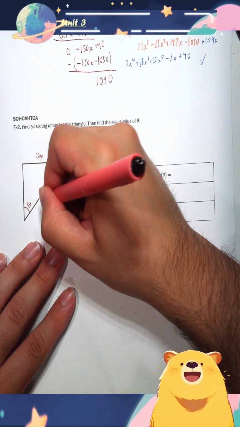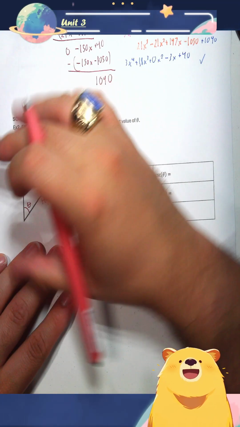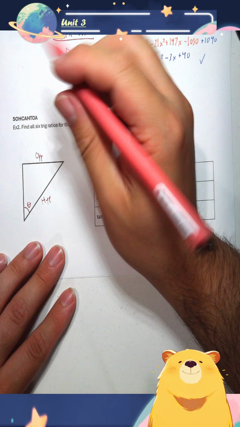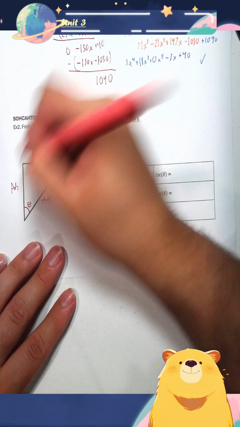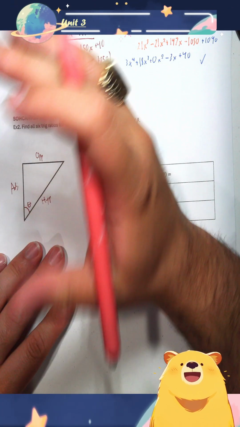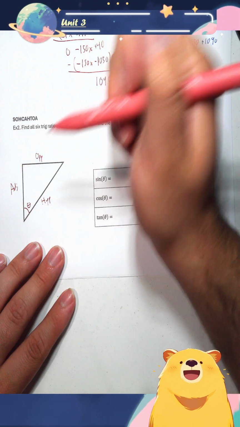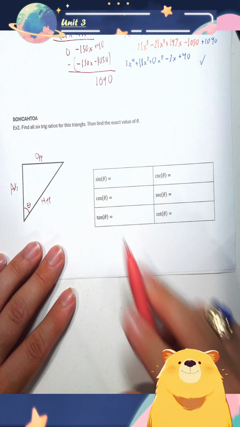H stands for hypotenuse, which is the largest side of the triangle. And then A stands for adjacent, which is the side that's adjacent to the angle, not the largest.